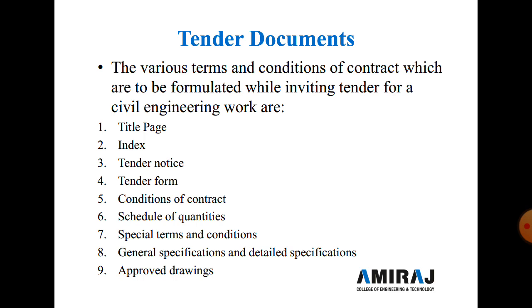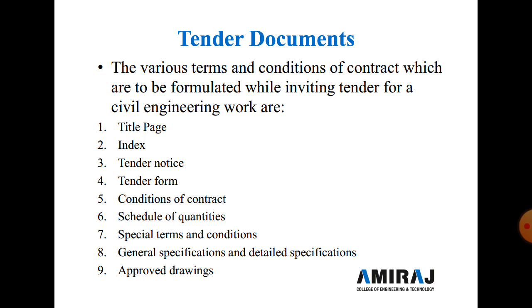Then second document is the index. It contains all the items of the contract documents along with the corresponding page numbers. One by one all the documents which are attached in the tender documents, an index is prepared, and the second page is the index page after the title page.